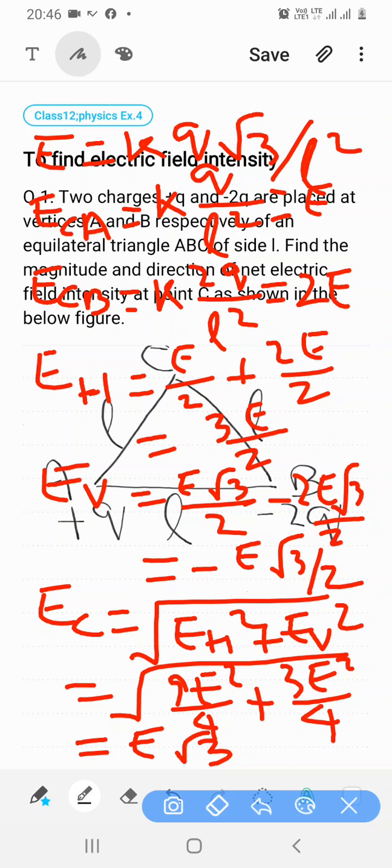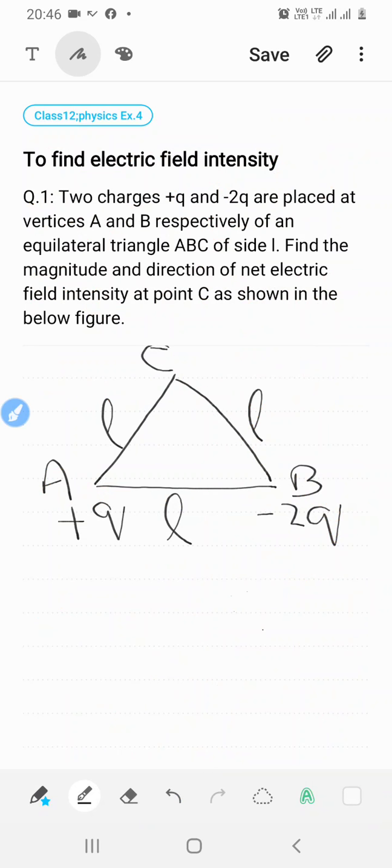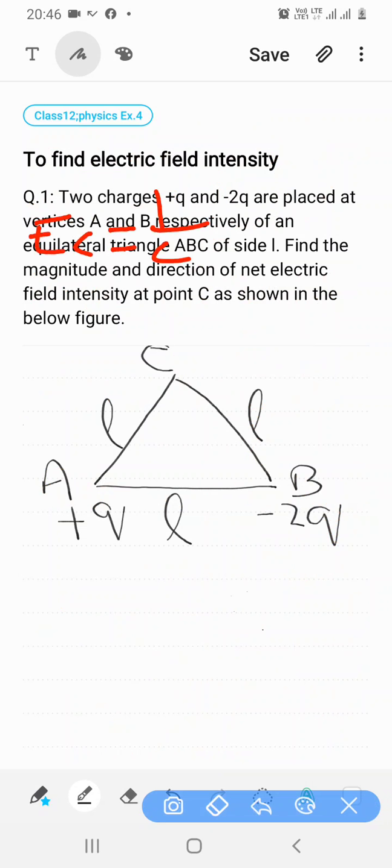So note it also, EC is equal to, I put here EC is equal to KQ root 3 by L square, or in 1 upon 4 pi epsilon naught, its value will be EC is equal to 1 upon 4 pi epsilon naught Q root 3 by L square.